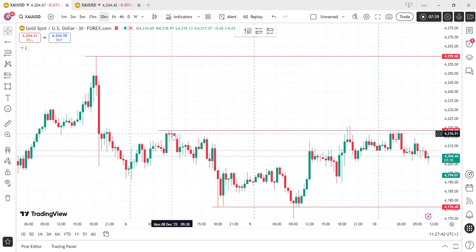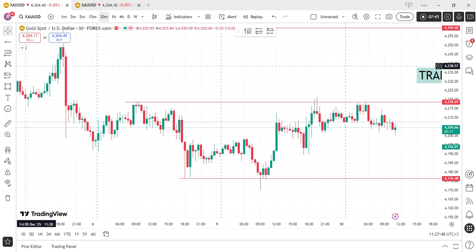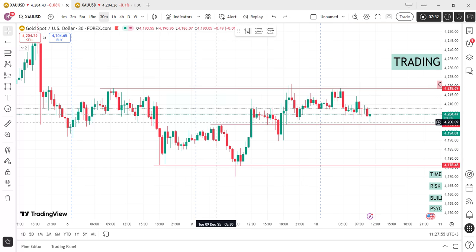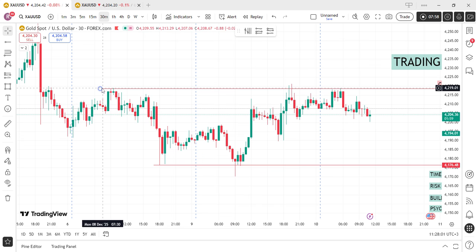So it is a lower high, okay? That's just it. And also we have this one here. This is also another lower high because it is lower as compared to this one. So it is another lower high. Okay, so that is how you read market structure, guys.